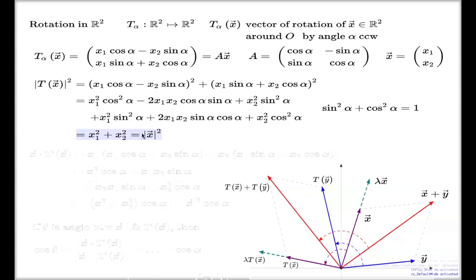In fact, some of you who will continue the study of mathematics later will learn that the maps which possess this property preserve the lengths of the vectors, and that's a typical example of a map which preserves the lengths of vectors. Such maps are called isometries. So this identity alone means that T is an isometry.